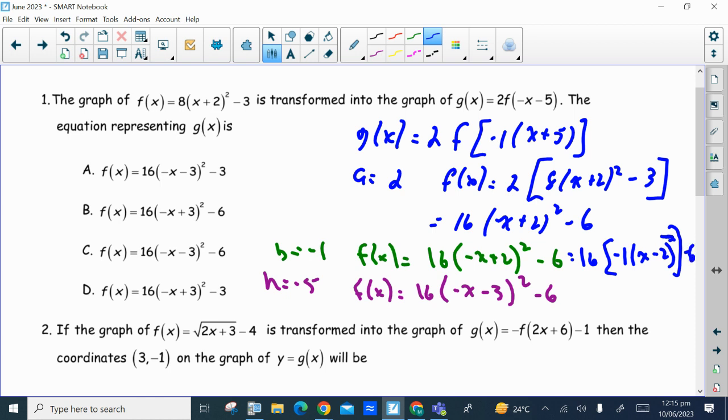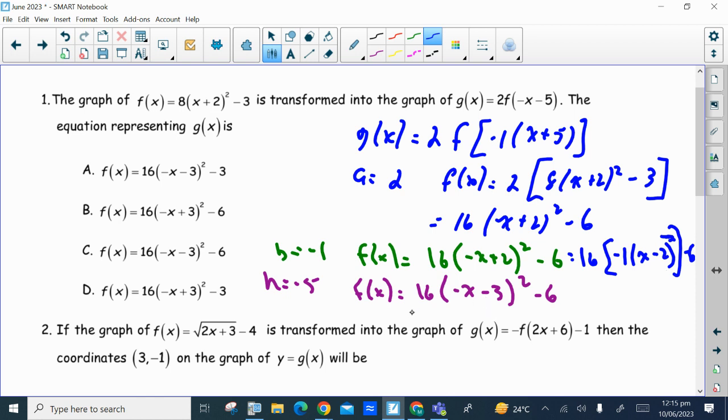I kind of ran out of room for that -6 at the end, but to get the true h value from this step in the equation, again, b must be taken out as a common factor. So that tells us our h value is actually +2, and then if you go 5 to the left, it'll become -3.